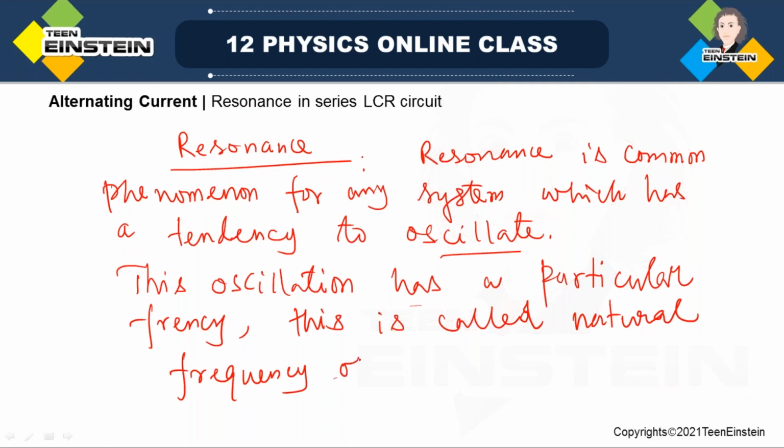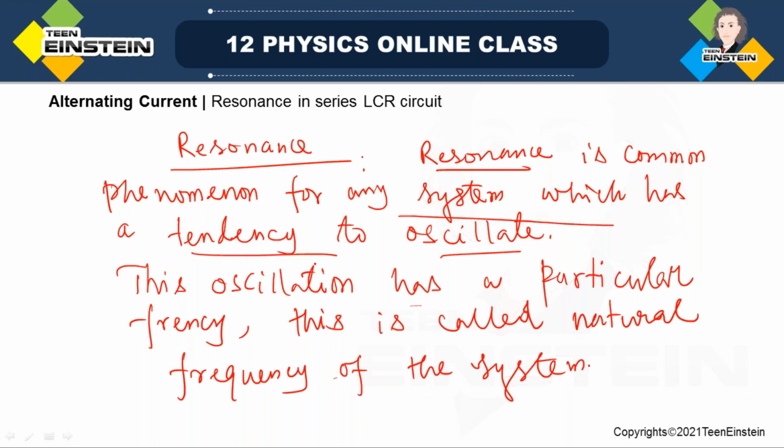I'll give you some example. You have to remember that resonance is a common phenomenon for those systems which have a tendency to oscillate, and while that system is oscillating, it oscillates at a particular frequency. That particular frequency is called natural frequency.